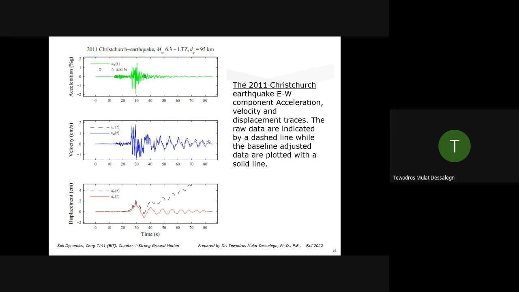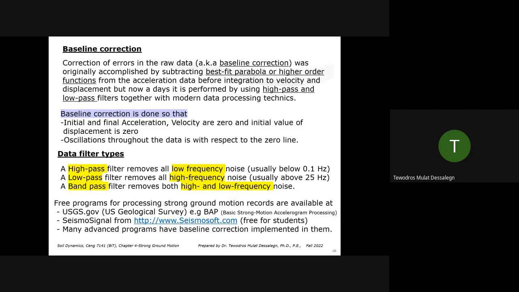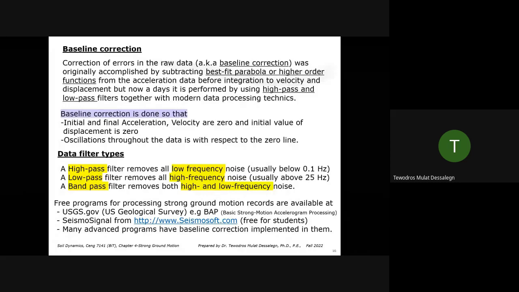The dark line is shifting from the blue line, and it is much clearer for displacements. The red one is the corrected one, and the dark dashed one is the uncorrected one. That's why we need to correct it, and correcting is commonly done by filtering out unwanted frequencies.